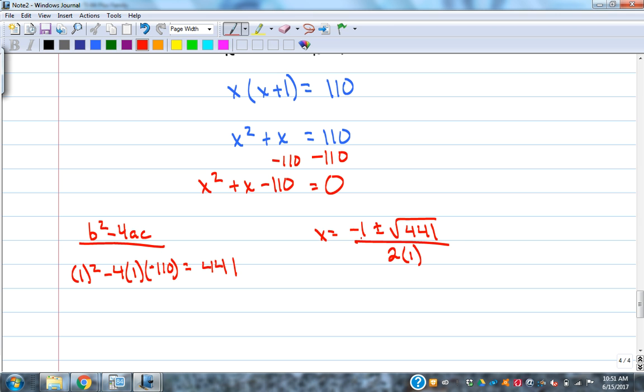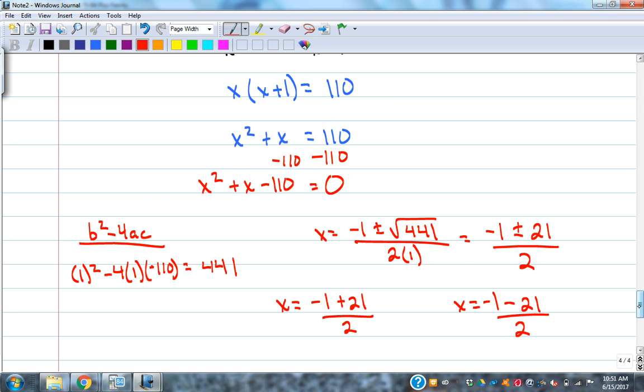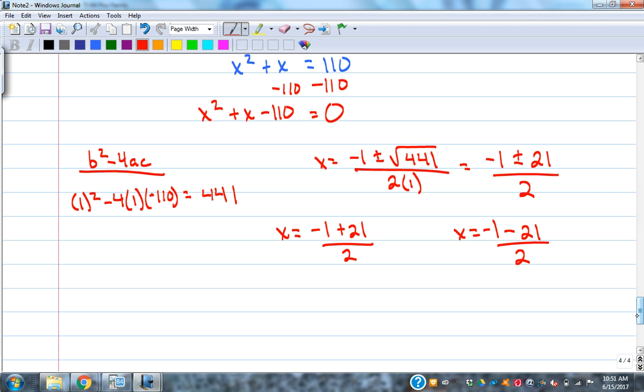So that works out nice because that gives us a nice number there for us to work with. So we get x equals -1 plus 21 over 2, and x equals -1 minus 21 over 2. I'm not throwing either of these out because I'm talking about consecutive integers.